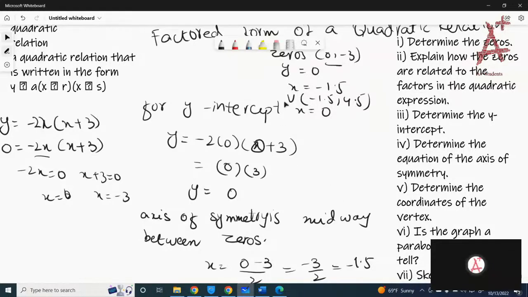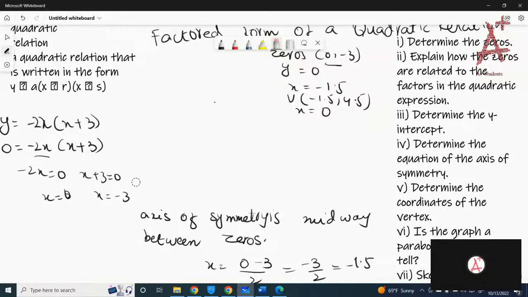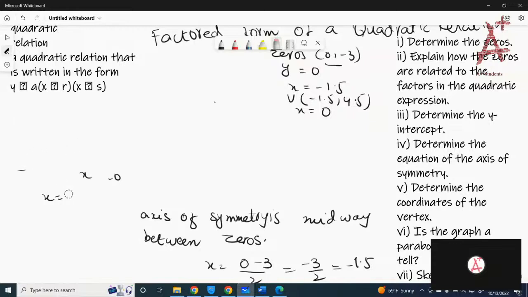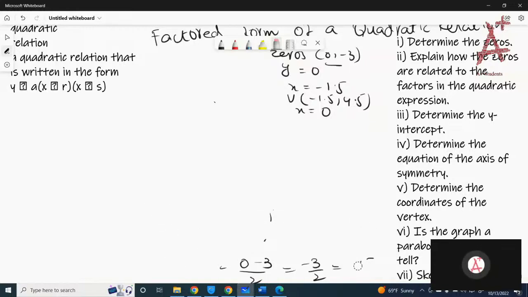Let me remove the rest of the things because it creates a mess. Okay, then is the graph a parabola? How can you tell? It's a parabola because it's a degree 2 equation. Whenever you have a degree 2 equation, that means it is a parabola.